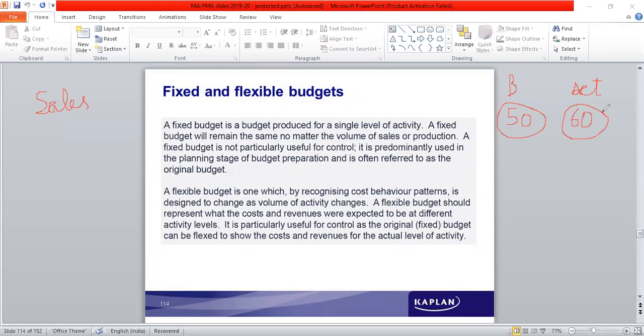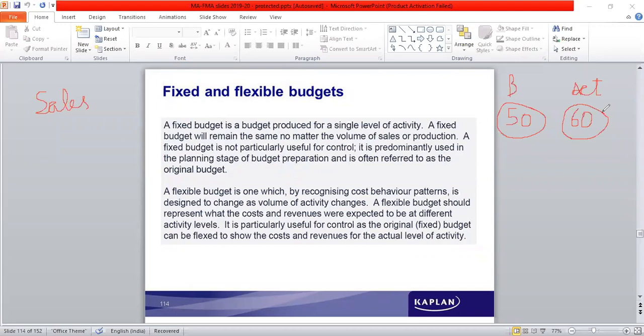But once they understand that that is not a possibility, they prepare multiple expected levels. So maybe while estimating itself, they understand that maybe the sales could be 40,000, 50,000, 60,000, 70,000, multiple levels. If they anticipate, for each of these levels, the budget is prepared and included in a statement.